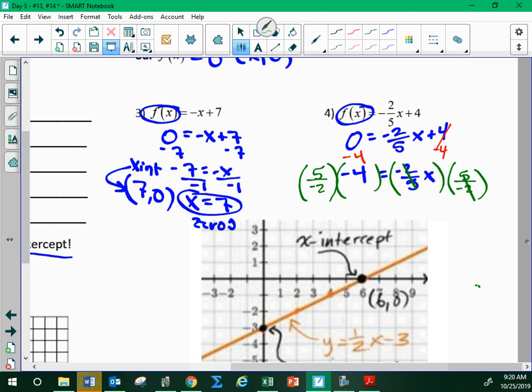Alright, what do we get for 5 over negative 2 times negative 4? Good. 10 is correct. Hopefully a positive 10. Did you forget a negative with one of those? Oh, it was negative 4, right? Oh, yeah. This is 10. Good.